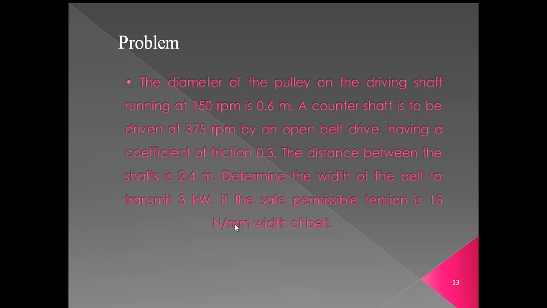Driven pulley speed is 375 rpm. So here it is an open belt drive. The coefficient of friction is 0.3. The distance between the shafts is 2.4 meters. So here we need to find the width of the belt. Power is 3 kilowatt and Ft is 15 Newton per mm width of belt.